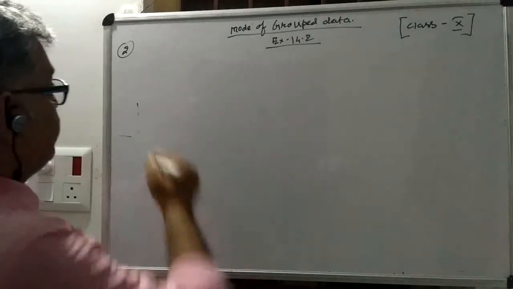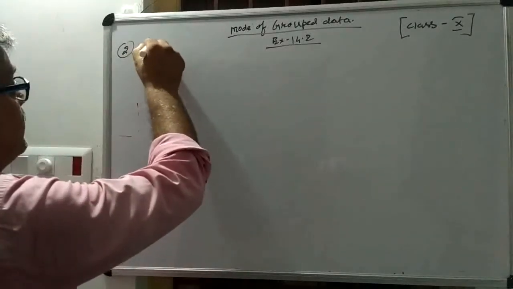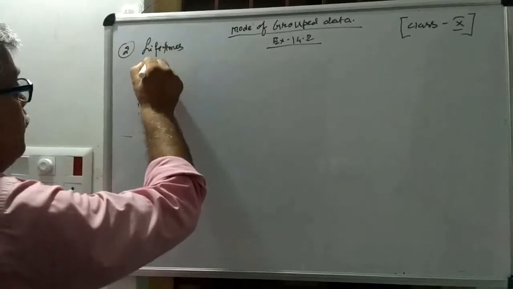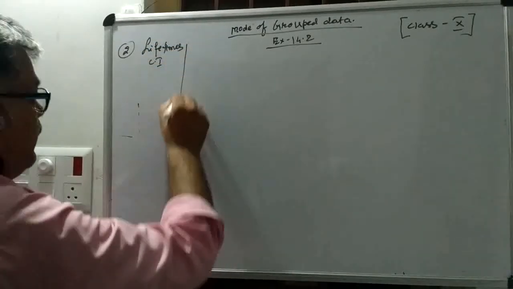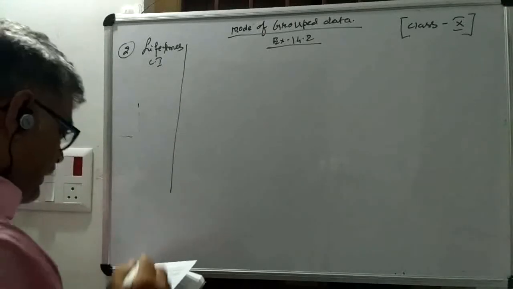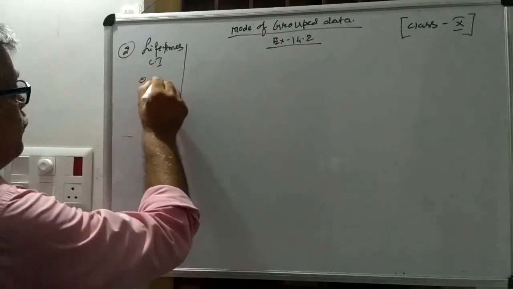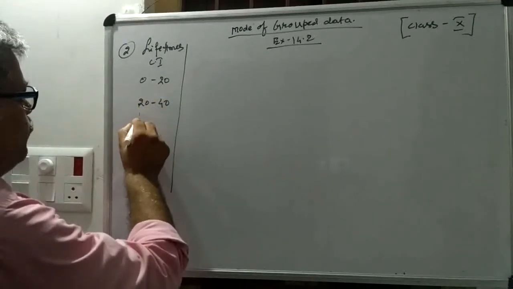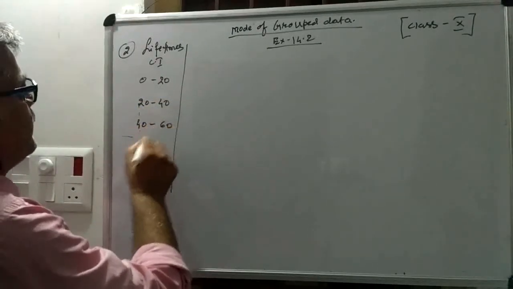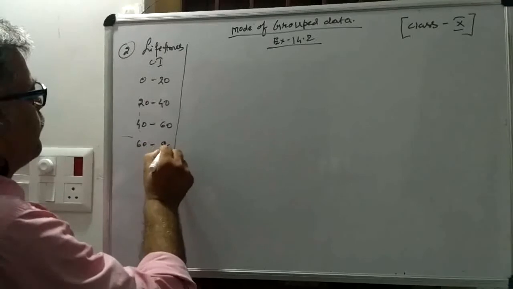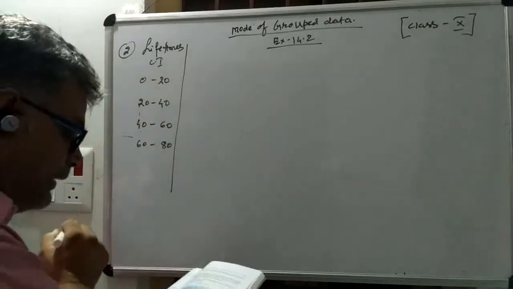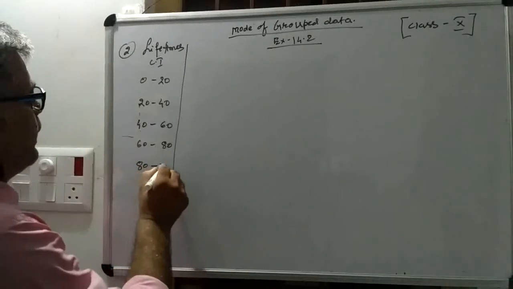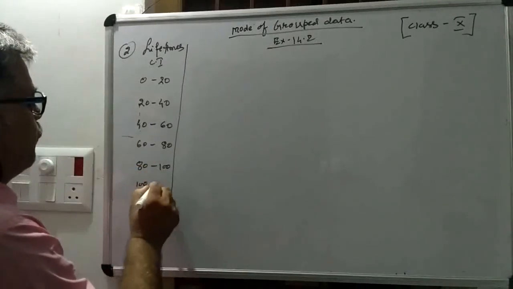So your lifetimes, which is the class interval as well, are 0 to 20, 20 to 40, 40 to 60, 60 to 80, 80 to 100, and 100 to 120.